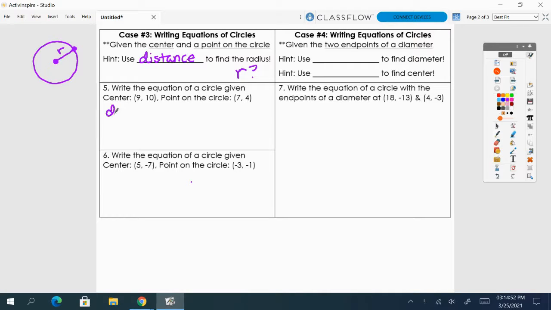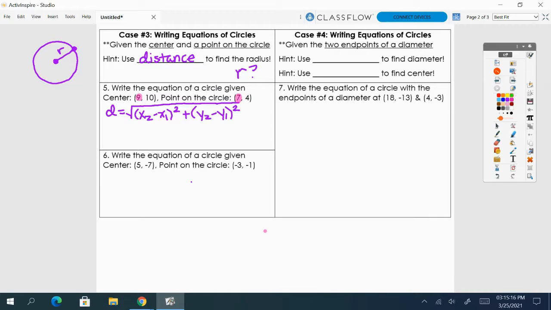We're going to use the distance formula where we have the square root of parentheses x2 minus x1, close the parentheses and square it all, plus the quantity y2 minus y1, squaring that. Our x values are going to be the first numbers listed in each point, 9 and 7.